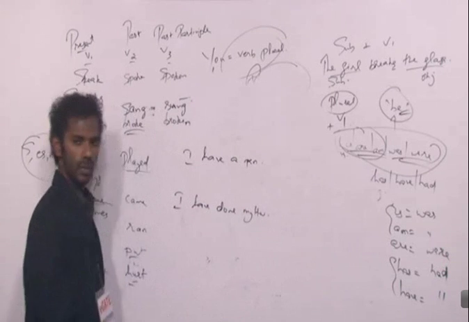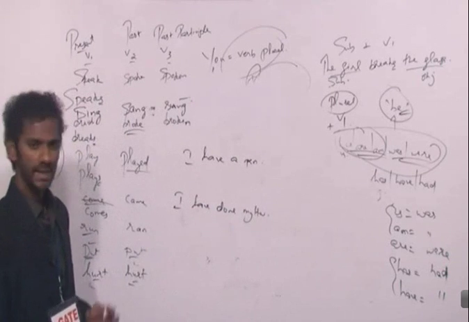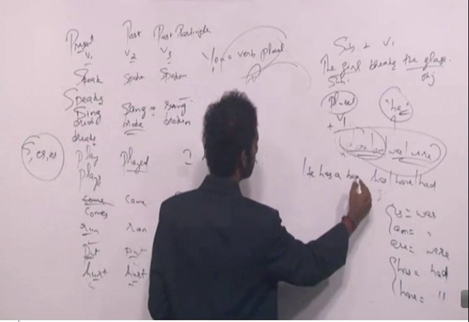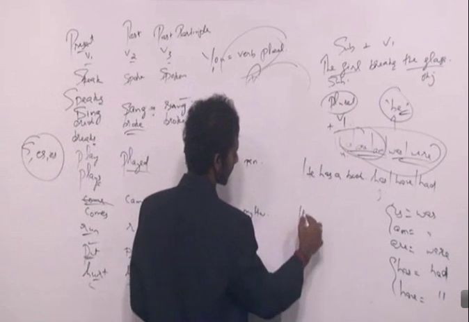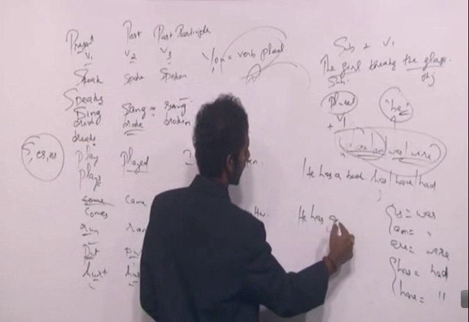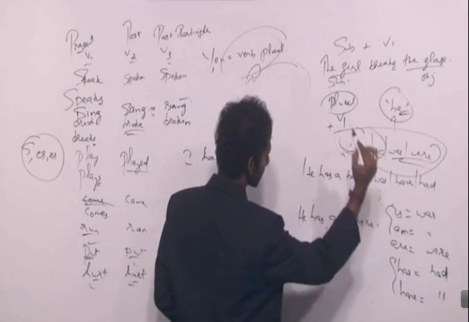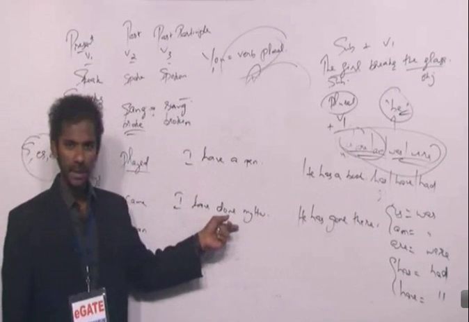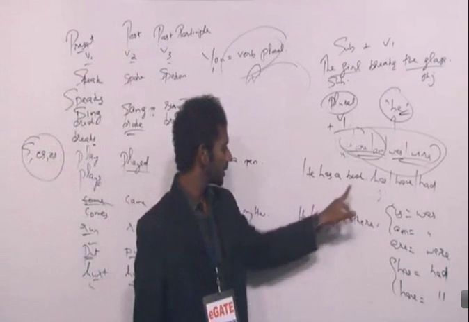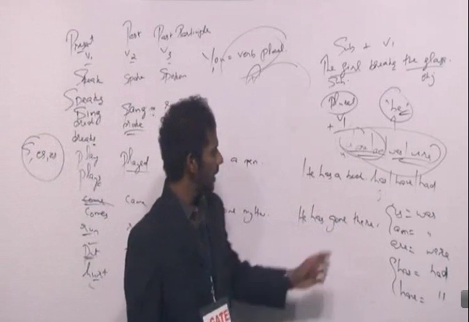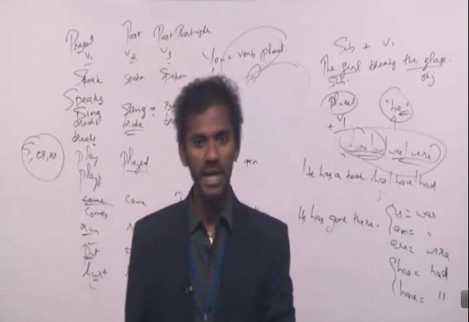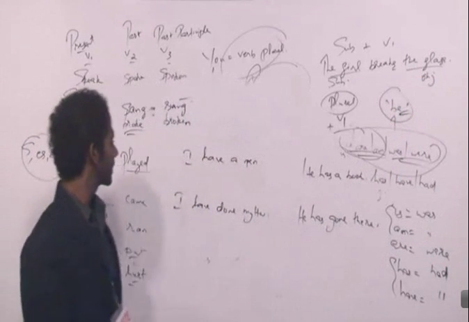Similarly, he has a book, he has gone there, right? I told you, has, have, and had can be auxiliary verbs as well as main verbs. Clear? Fine.